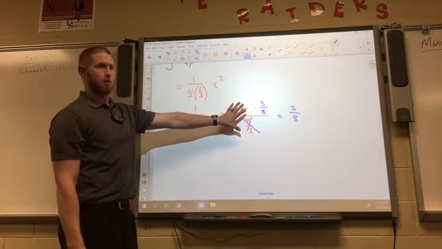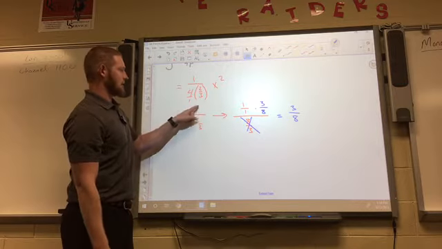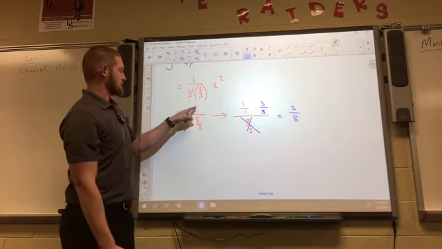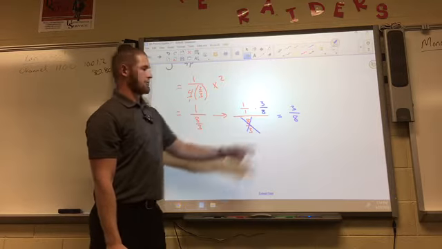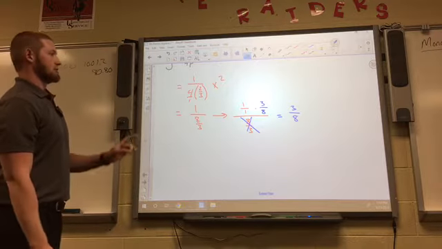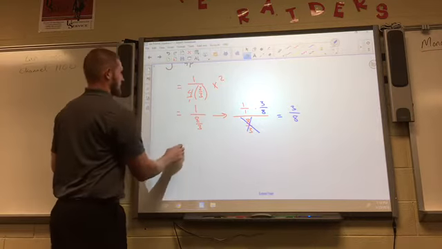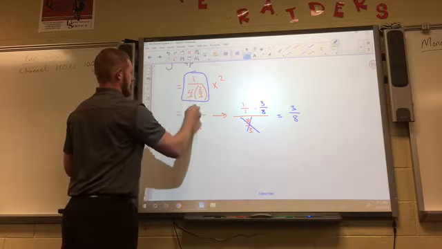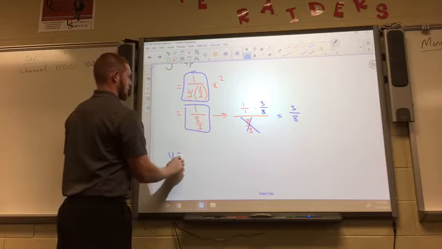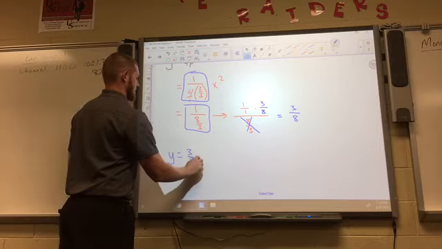If the number was not a 1, you would have to go through the work. But since it's just a 1, all you need to do is flip it. It would just be 3/8, because I brought that whole thing down. You with me? So your equation would be y equals 3/8 x squared.